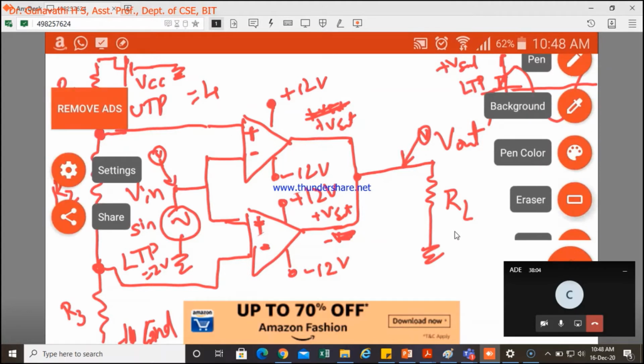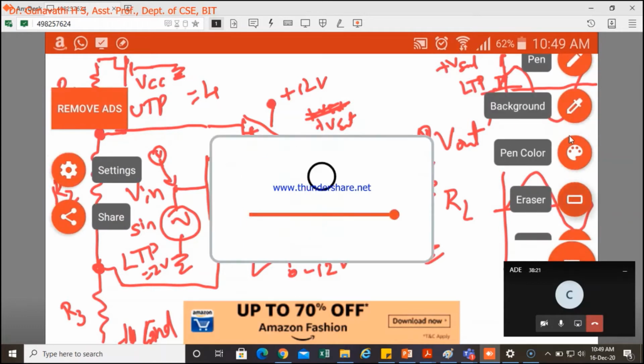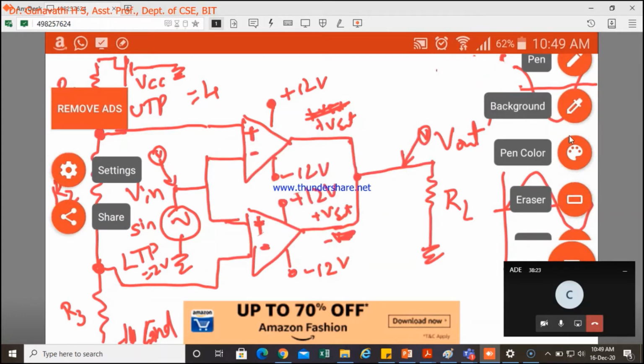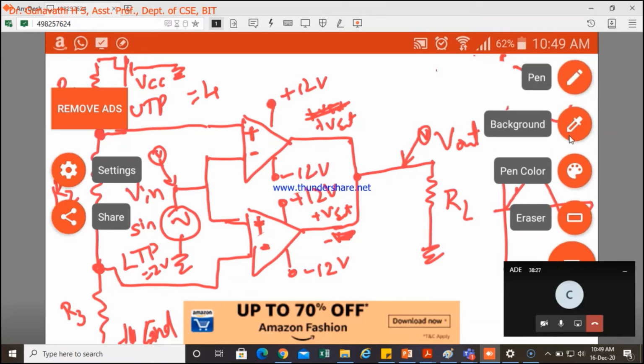Or do you want me to write this again? Fine. Let me write this waveform. So till here there was no working. Only once the input exceeds that lower threshold voltage, our circuit started operating.